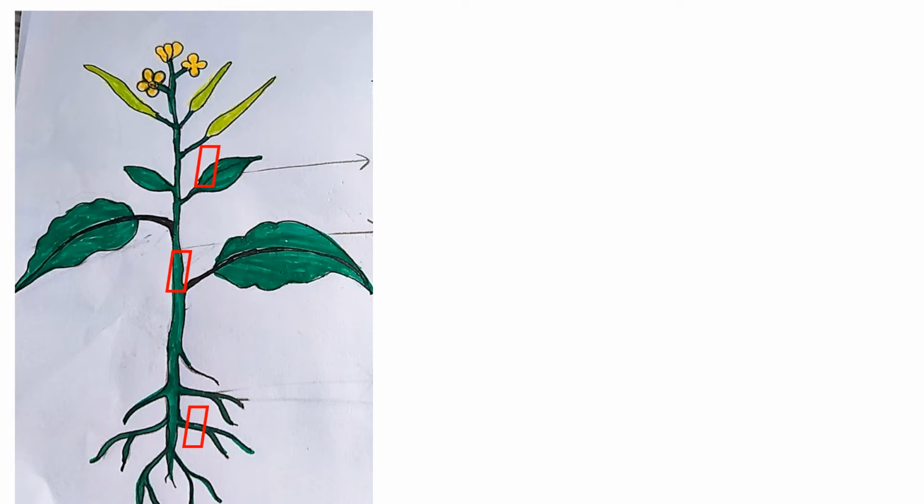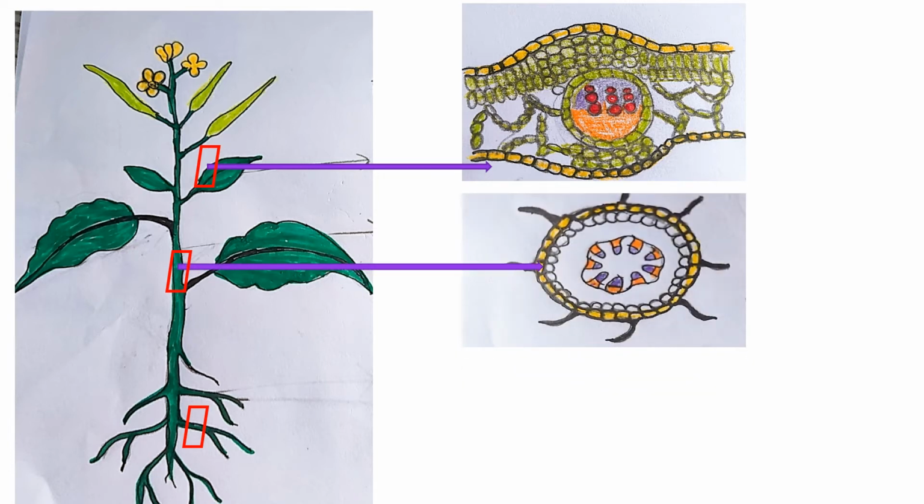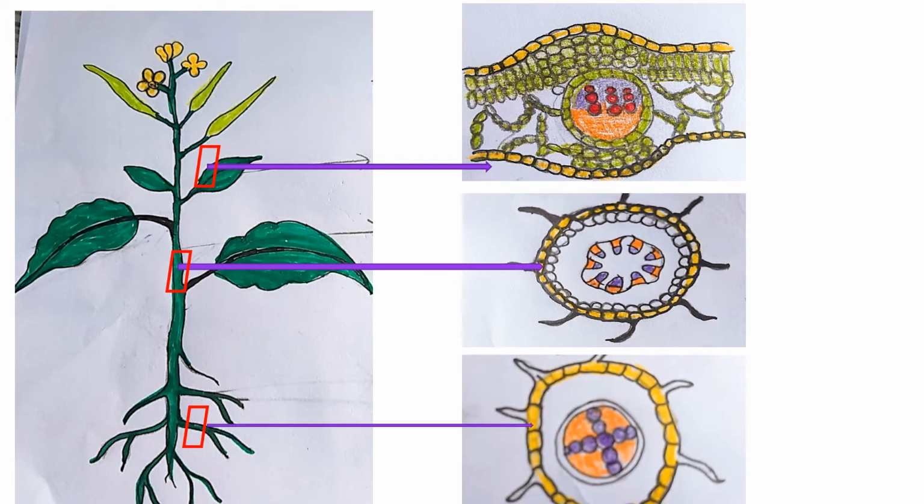Single layer of cell covering whole plant body is known as epidermis. If we look at this leaf, we see that both the surface covered by epidermis. And we find single layer of epidermis in stem also and root also.